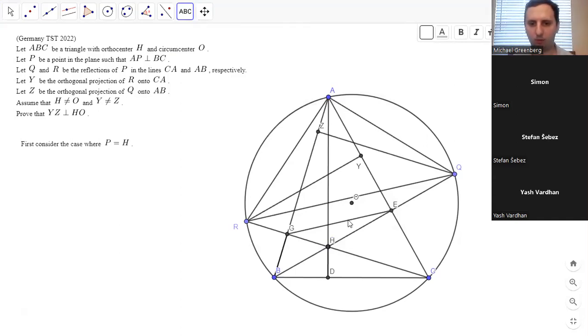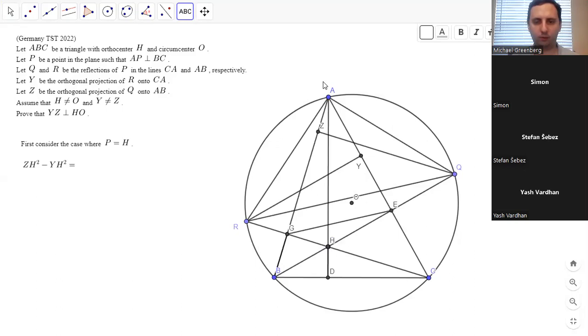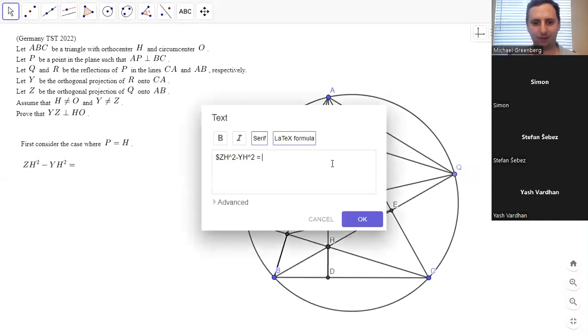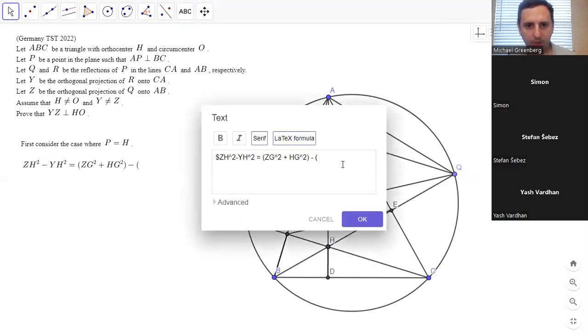Okay, so we want first ZH squared minus YH squared. Let me check the chat. Oh yeah, complex numbers. That's ZG squared plus HG squared minus YE squared plus EH squared.